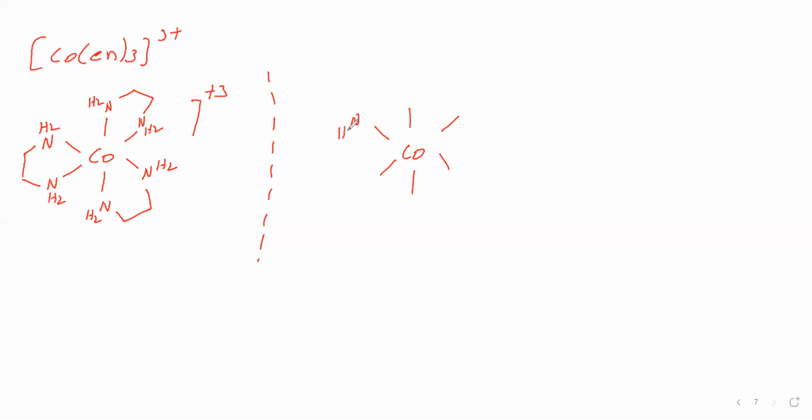Here NH2, here NH2, ethylene diamine, and the others like this. Net charge we have written +3. So this complex we have written like this. These are mirror images.